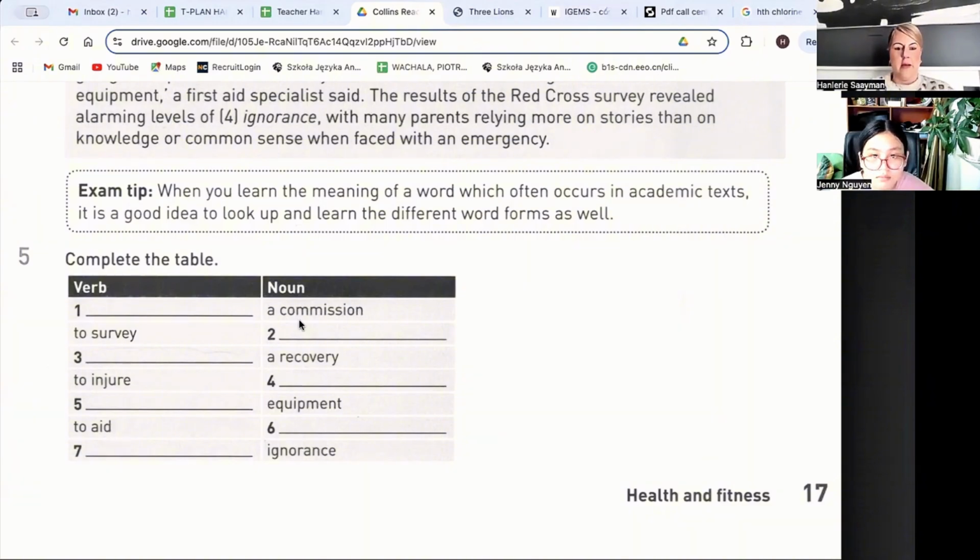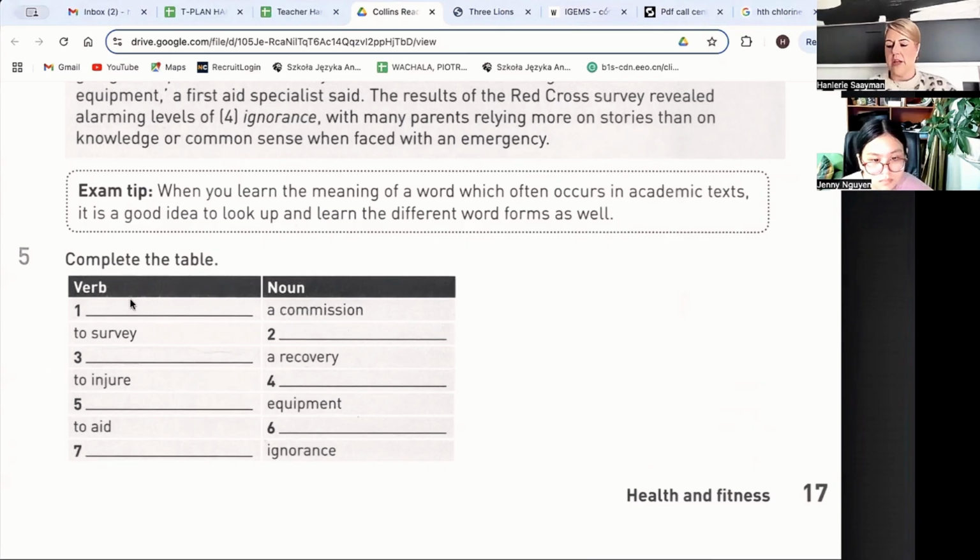Commit. Say again. I don't know. I'm bad at it. No, it's okay. Commit. Okay, so commission, for example, if we say, let me just get that one. A commission.